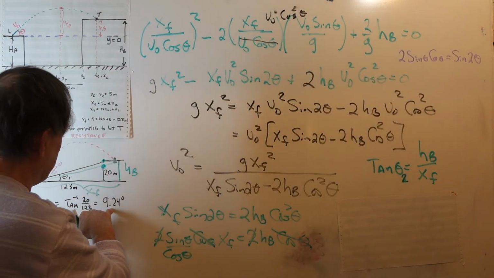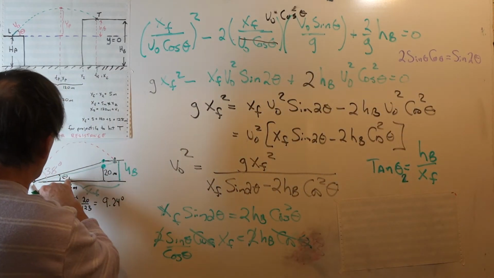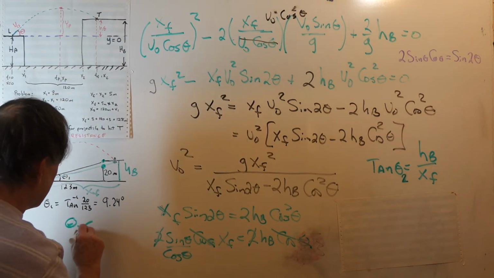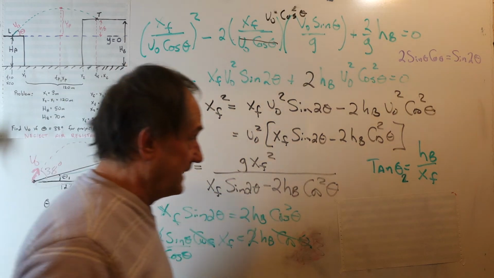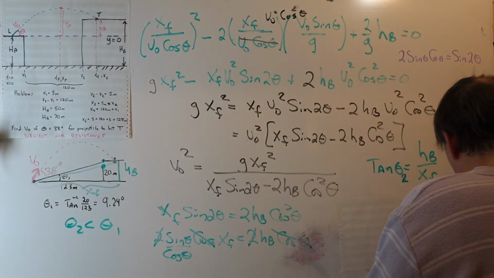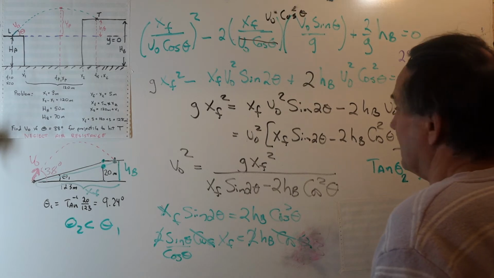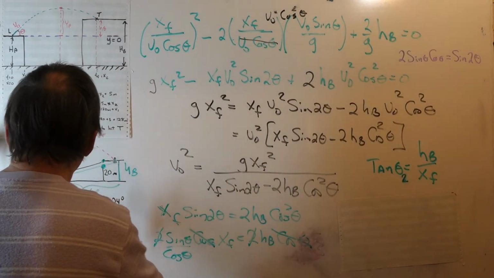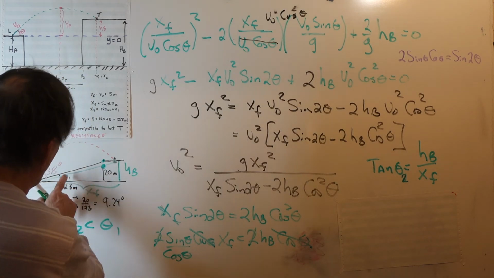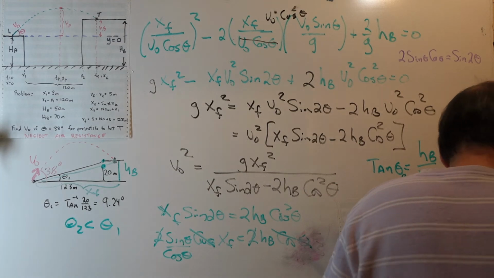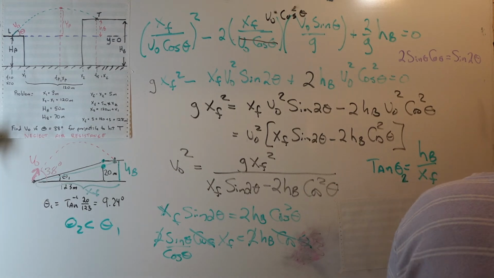Theta 1 is 9.24 degrees, so theta 2 is going to be less than theta 1. Theta 2 is less than theta 1, so we know that's not going to be a solution. So for there to be a launch solution, our angle theta has to be greater than theta 1 and greater than theta 2. And we've already determined that that's the case for the example.